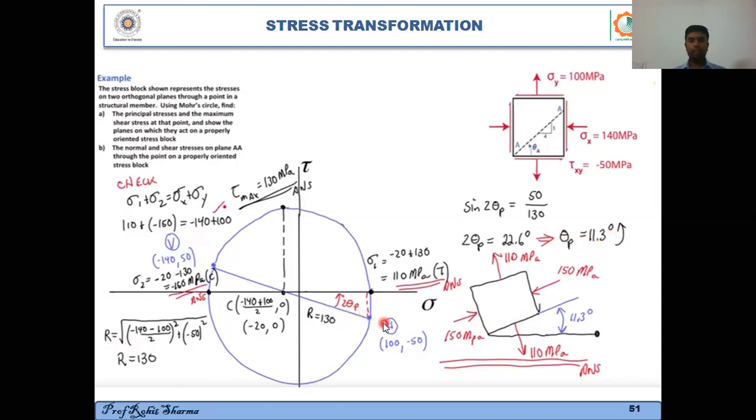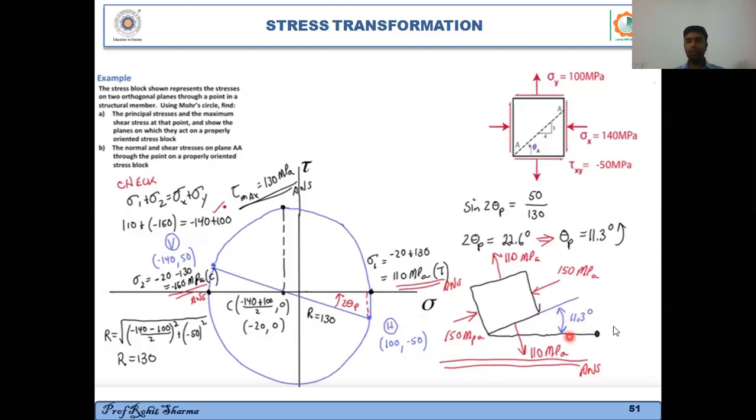If you consider this is the center, and this point is the horizontal point, this represents your horizontal face. You rotate the horizontal face by angle 2 theta p on the Mohr circle, and in reality by angle theta p, which is 11.3 degrees.